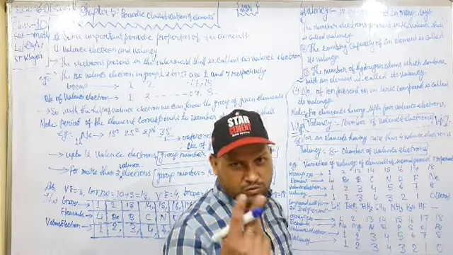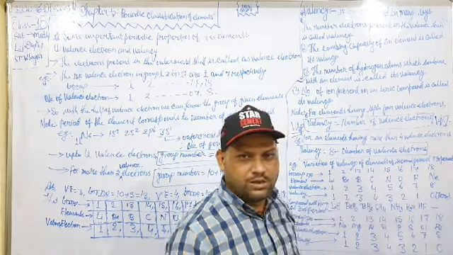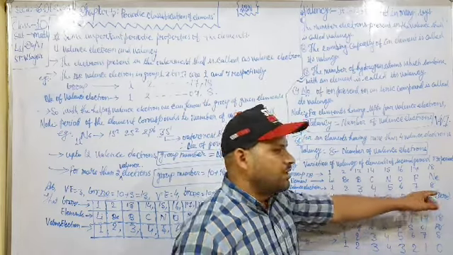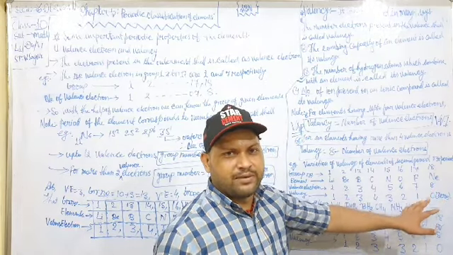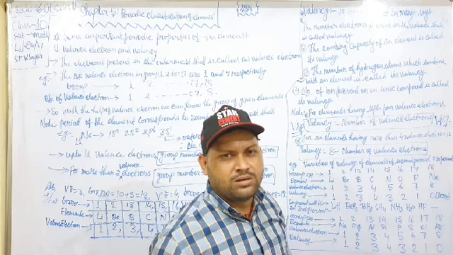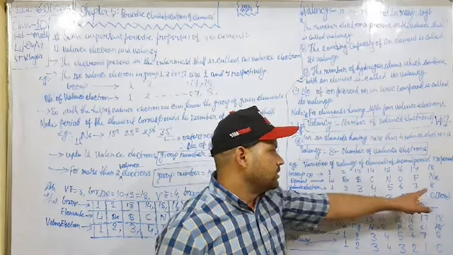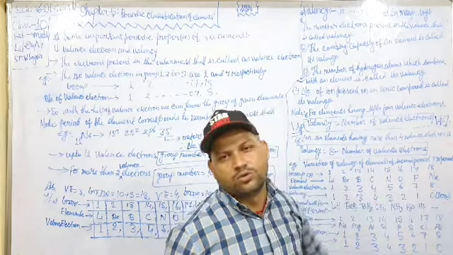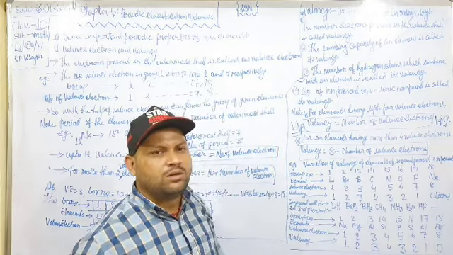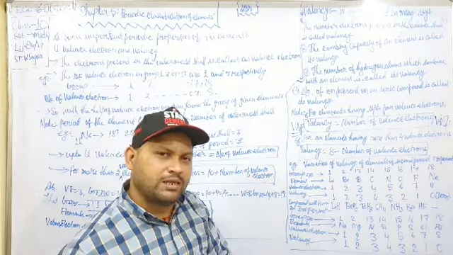With oxygen 2 hydrogens can combine, so valency is 2. And with fluorine only 1 hydrogen can combine, so valency is only 1. Is there any type of combination between neon and hydrogen? No, it is never possible, so it has no valency. Understood the definitions with hydrogen and other definitions related to valency.